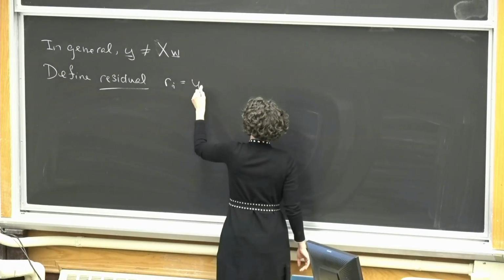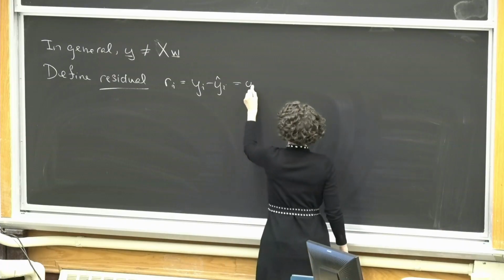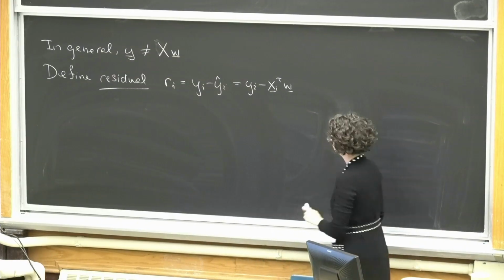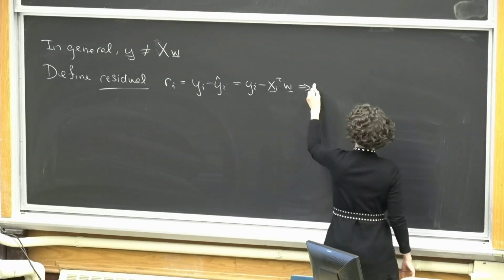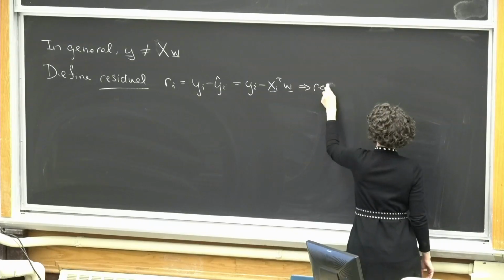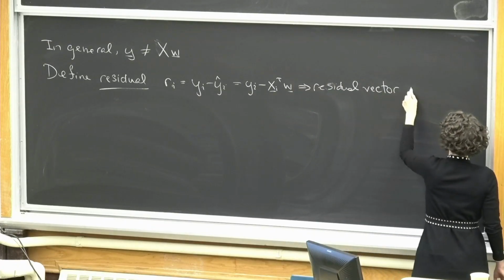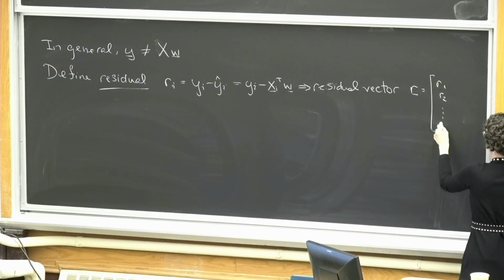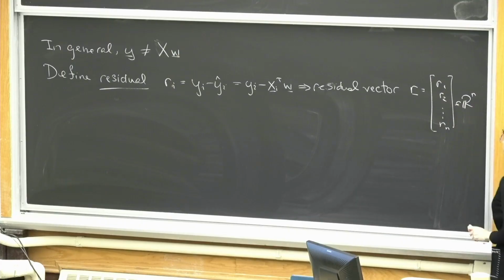So this is yi minus yi hat, or yi minus xi transpose w. And then from there, we can have a residual vector R, which just has R1, R2, all the way to Rn. So this is a vector in Rn.